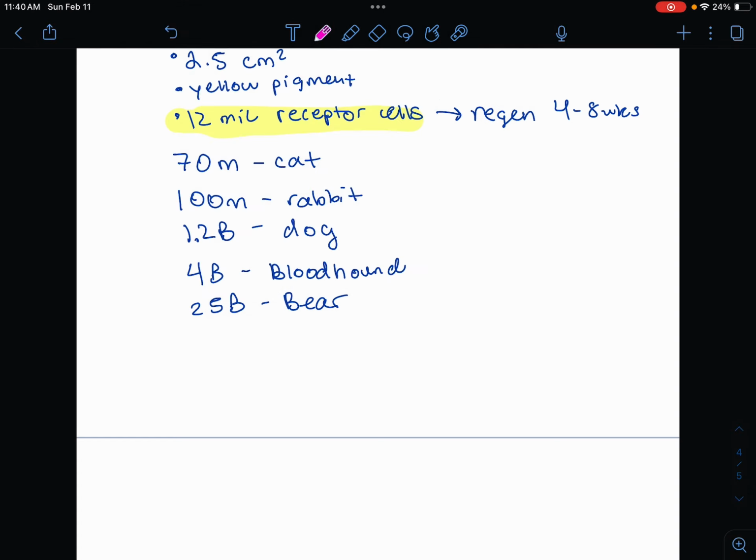All right, let's go and look at the components of flavor, aka the mouth feeling factor. The mouth feeling factor will be a tactile sensation.